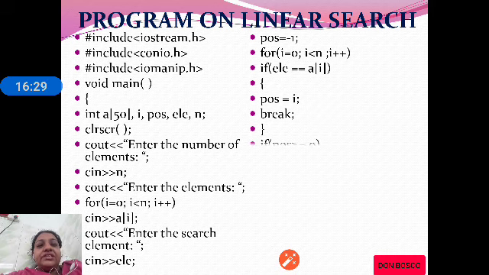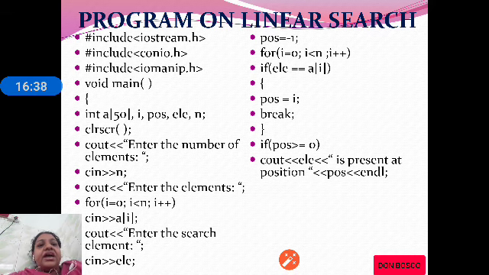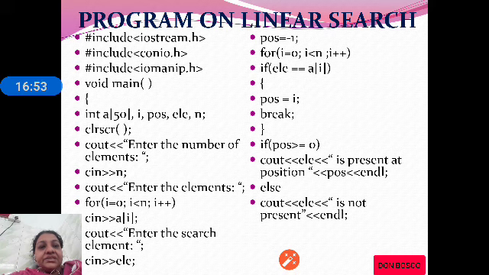If we don't find the searching element, the search continues with the next element. So this search continues until we get the last element. If position is greater than 0, then the element is present at that position. Otherwise, we say unsuccessful search.